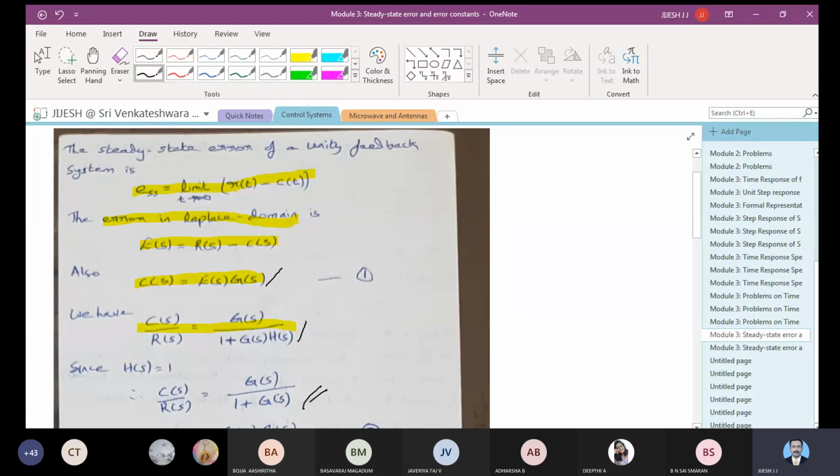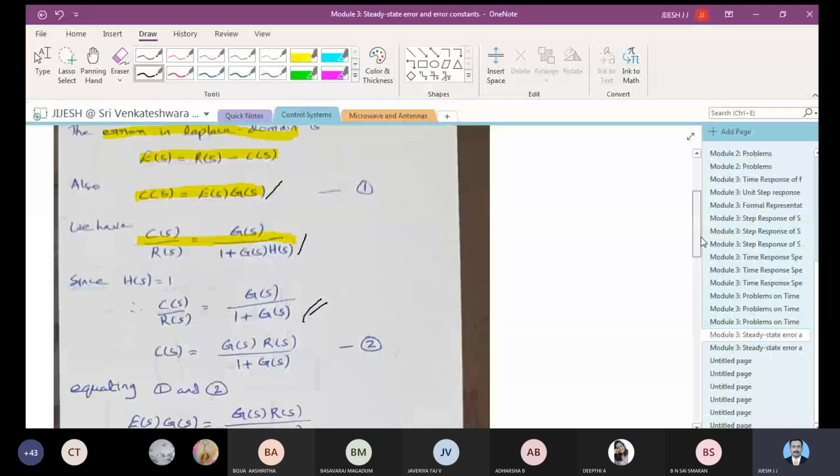From the figure, it can be written as E of s into G of s, and the transfer function for a first order system you have already studied is G of s by 1 plus G of s H of s. Since the feedback is 1, or H of s is equal to 1, you can rewrite the equation as C of s by R of s is equal to G of s divided by 1 plus G of s. So have you completed till here? Yes, sir. Okay. So we will continue further.